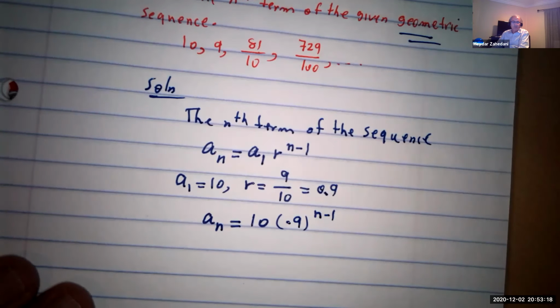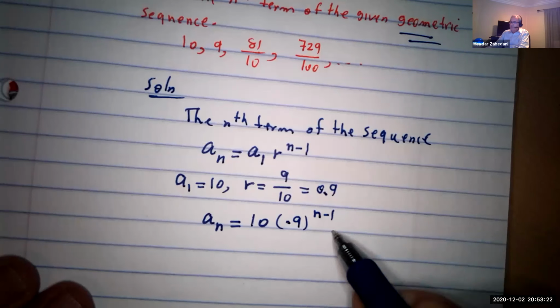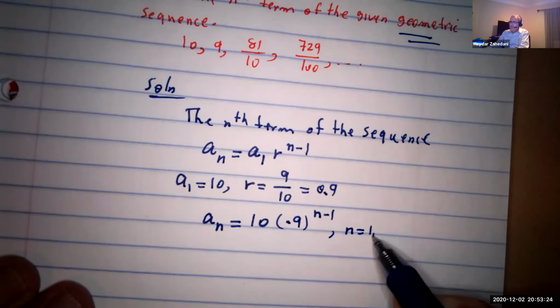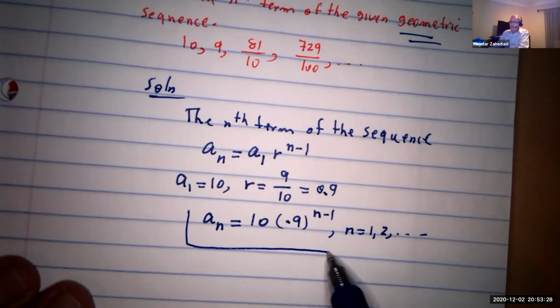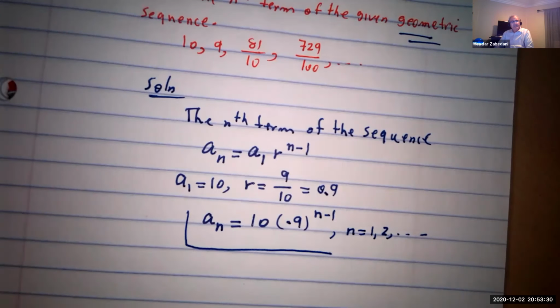So that gives you the general term of your sequence, n is equal to 1, 2, 3, etc. And sometimes in your book, they ask for the 9th term, the 10th term. So you write this general term, and then if they ask for it, you can find it.